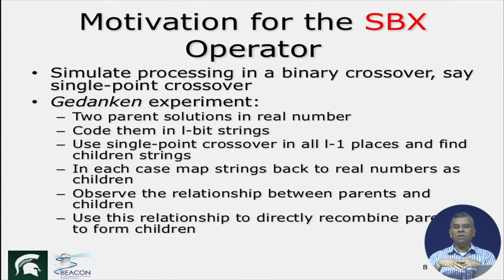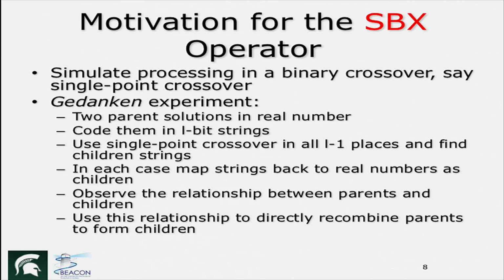What if these real numbers are coded in binary strings of some length, and we applied single point crossover? What kind of distribution of children would we have obtained in the real parameter space? Let's study that first. If binary coded single point crossover is important, and we study the distribution of children in the decoded space, because that's what I care about, then maybe I can directly use that distribution without going to the binary string.